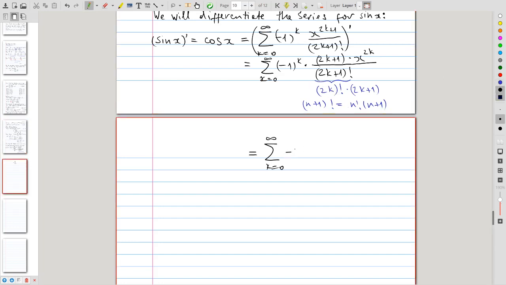And so we have -1 to the k, then 2k plus 1, x to the 2k on top, and 2k factorial times 2k plus 1. There is cancellation.